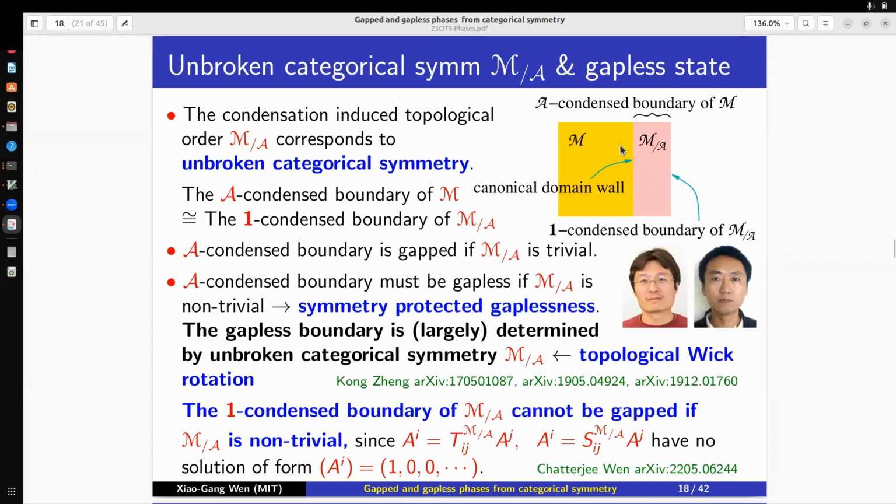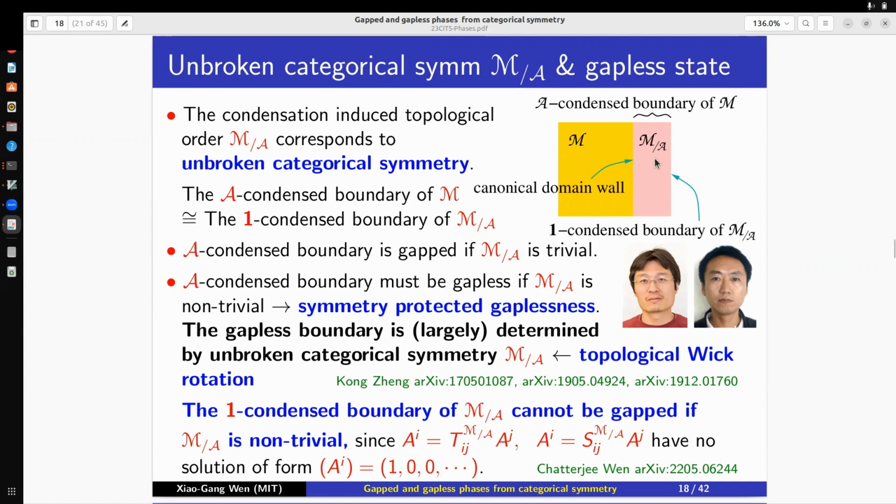Suppose we have A which is not maximum. Then we can condense those anyons in M. After condensing that, you get M/A. And this topological order is non-trivial because A is not maximum. Actually, that's the definition of maximum. After condensing those anyons, you still get a non-trivial topological order.